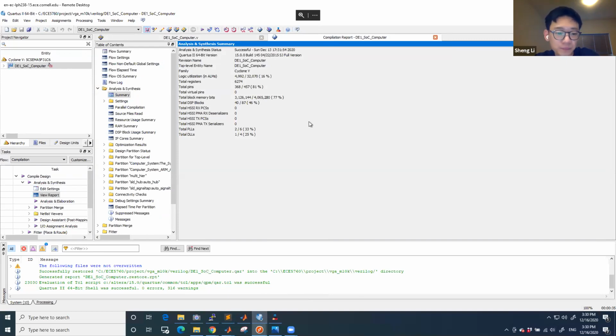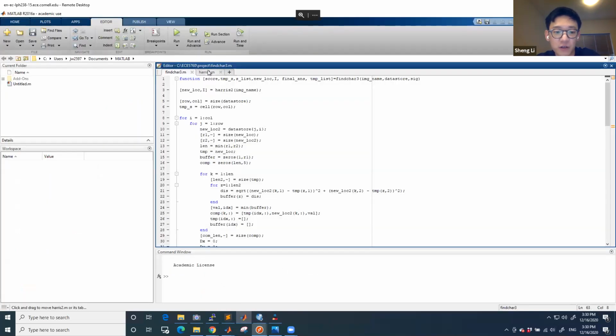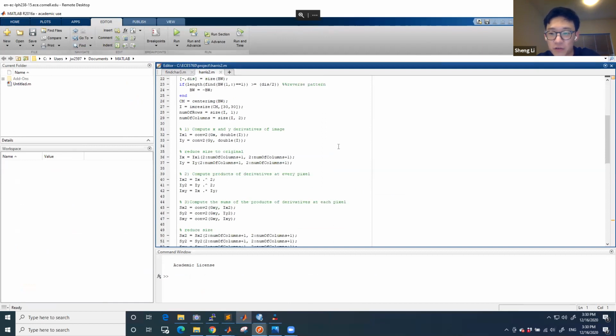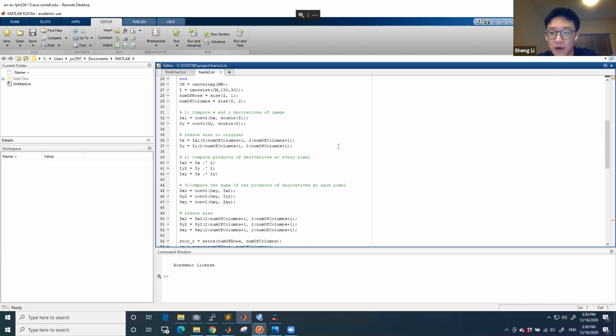First we convert everything to grayscale, and we do the spatial derivative calculation. Then we build the structure tensor matrix and use it to calculate the response, which is used for the next step, the non-maximum suppression. After the non-maximum suppression, we have the corners.